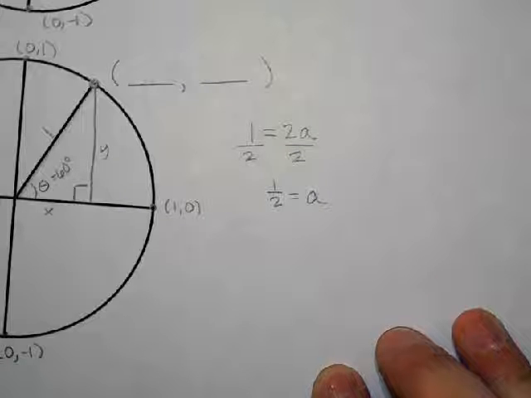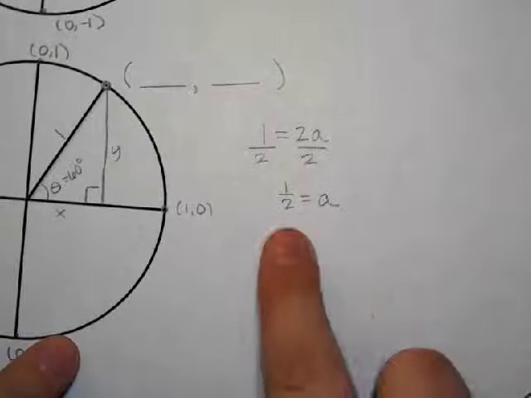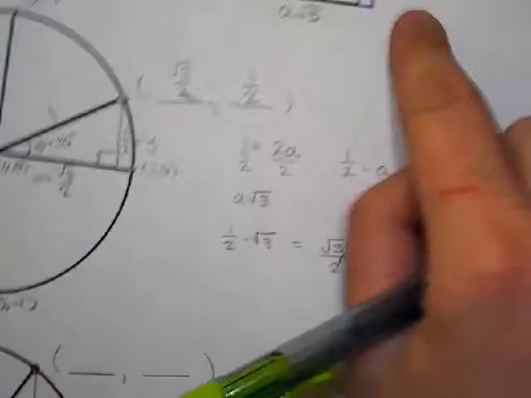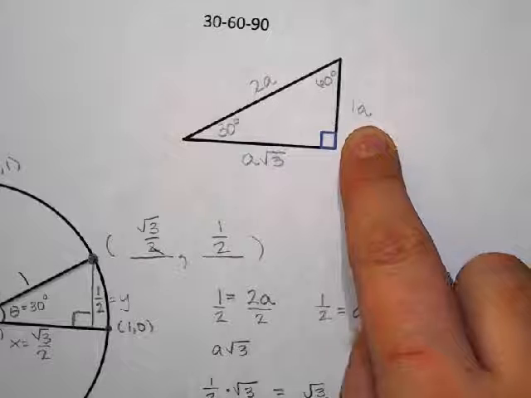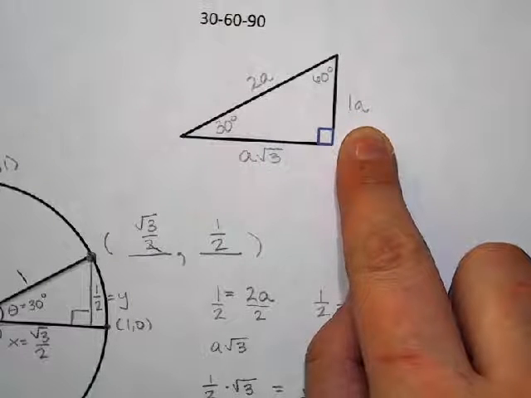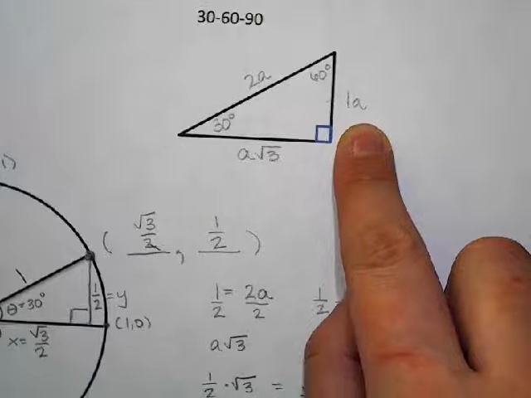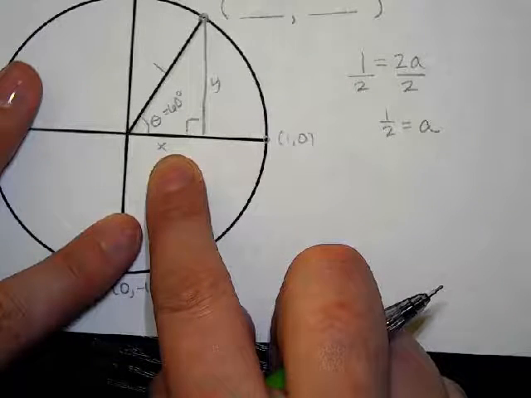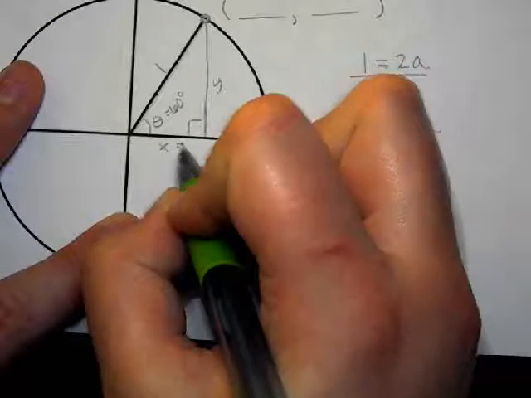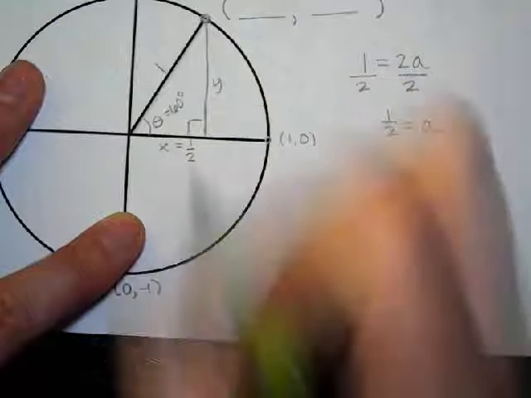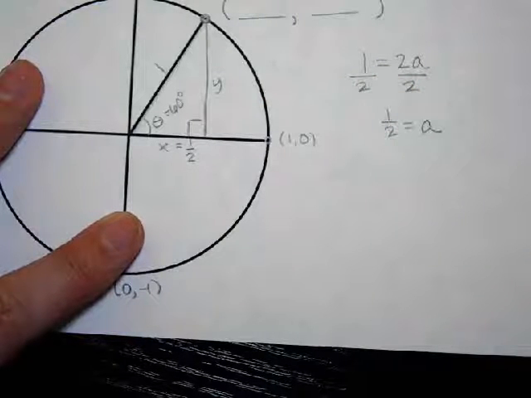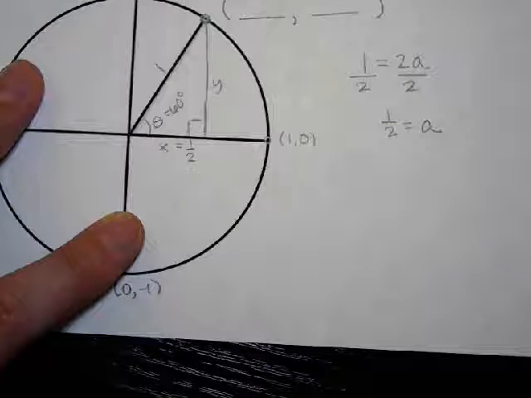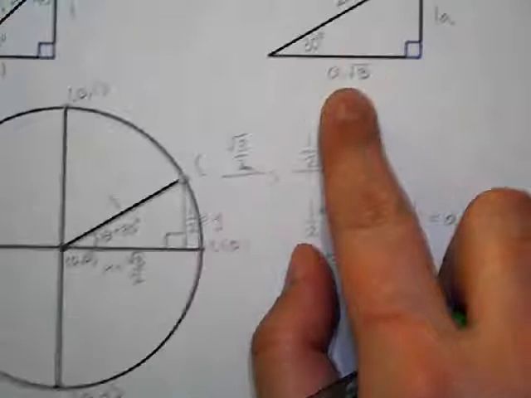So now, when I look at the short side, what do you guys see is the formula for the short side? 1a. Okay, so when I look at the short side, what's the length of x? It's just 1/2 because a equals 1/2. The length of the long leg is a times the square root of 3.